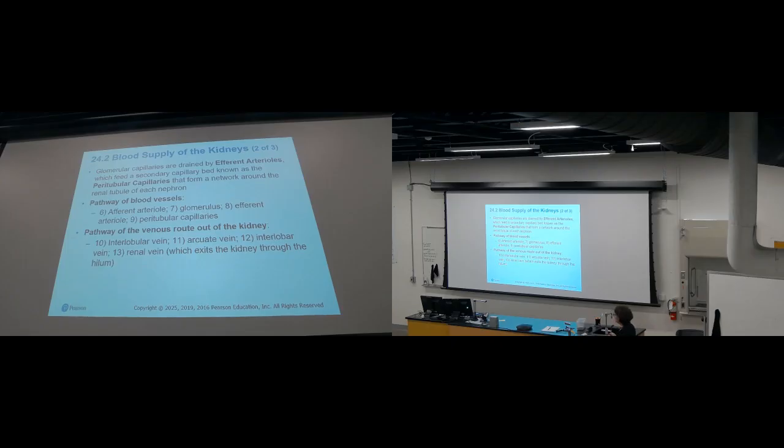And then the blood from the peritubular capillaries will return into the veins by the interlobular vein first, then the arcuate vein that is located in the cortex, and then you have an interlobar vein that drains the blood in between the columns, and then you will have the formation of the renal vein by the anastomosing of these interlobar veins. There are no segmental veins, but there are segmental arteries. And then the renal vein will drain into the inferior vena cava.